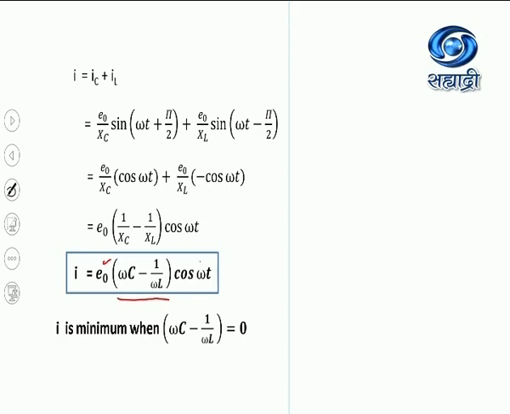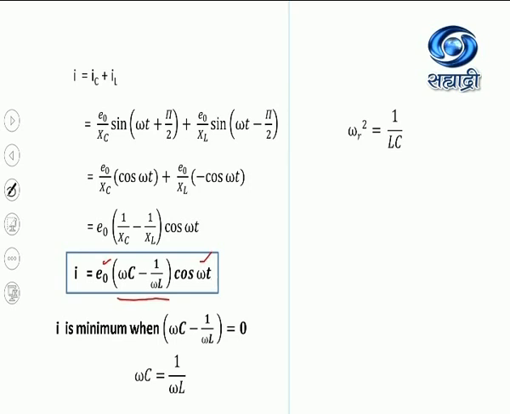Another thing, cos of omega t is a time varying function, so it will keep on changing its value. So the only possibility for the current to be minimum, that is 0, is when the term in the bracket, omega C minus 1 upon omega L, is equal to 0. And with this we get omega C equal to 1 upon omega L.